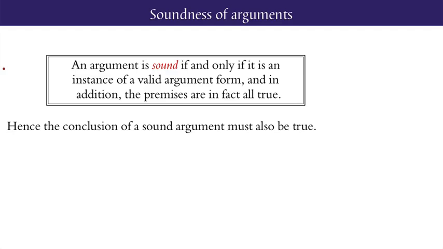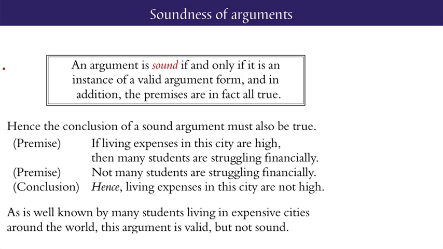Sound arguments must then have true conclusions, because the truth-transferring feature of validity is combined with some actual truth of premises to transfer, resulting in a true conclusion. So, the falsity in a great many cities around the world of the proposition that not many students are struggling financially means that this instance of modus tollens is valid but not sound.